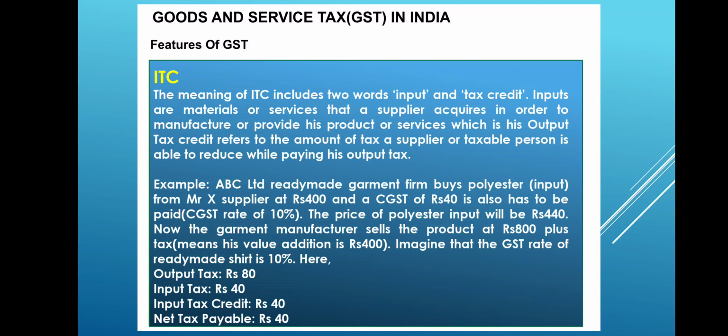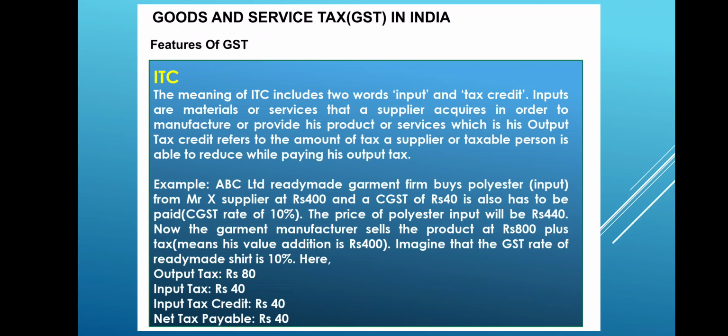For example, ABC Limited, a ready-made garment firm, buys polyester from Mr. X at a rate of rupees 400. That means ABC Limited is a company that has bought polyester from Mr. X at the rate of rupees 400, and there is a CGST of rupees 40 that it also has to pay at the rate of 10%.